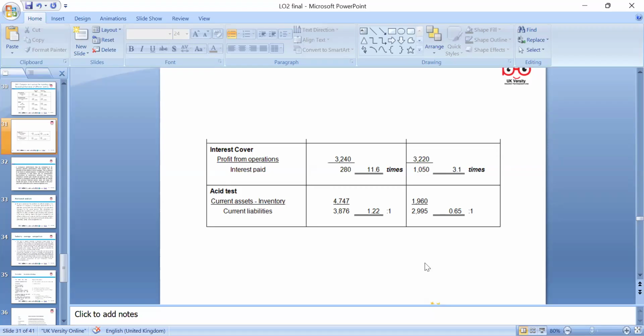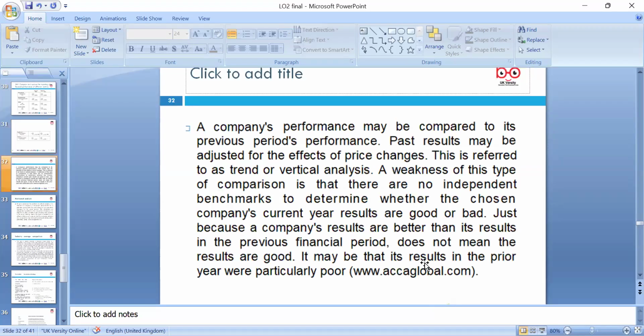So for every 1 pound of liability, Anika has 1.22 pounds worth of assets, but Papika has only 65 pence of assets against 1 pound of liability. So we can look at these ratios, which we'll go through.